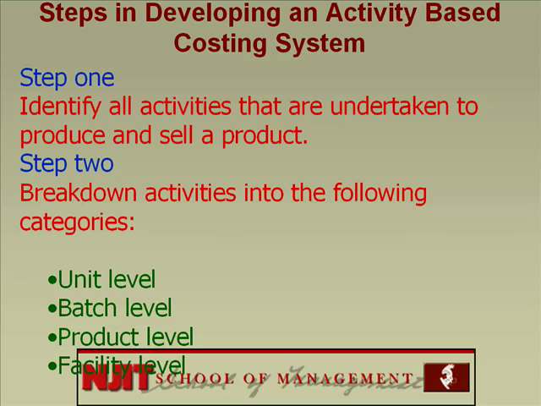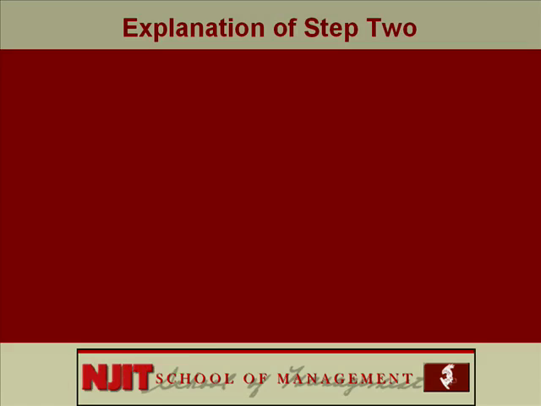The reason is, in one sense, this is the most important step. In step 2, what did I say? We break down activities into unit level, batch level, product level, and facility level.